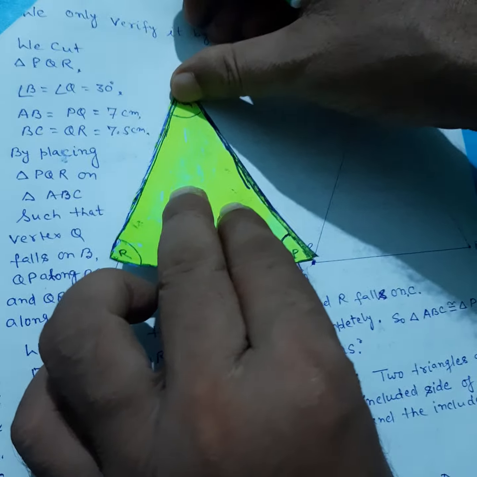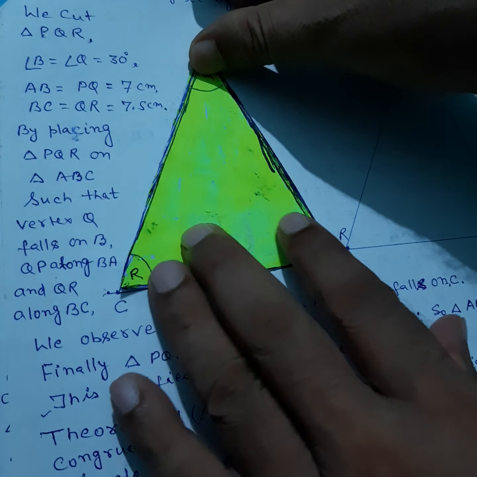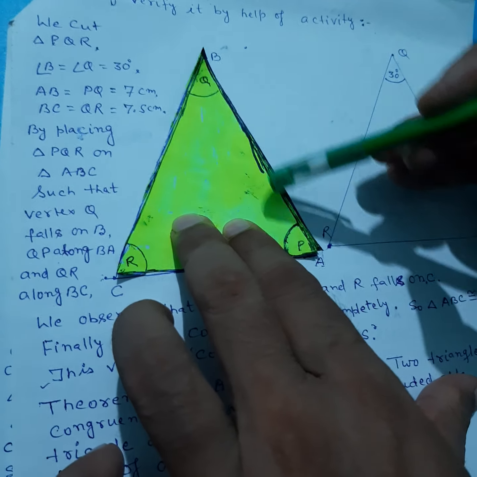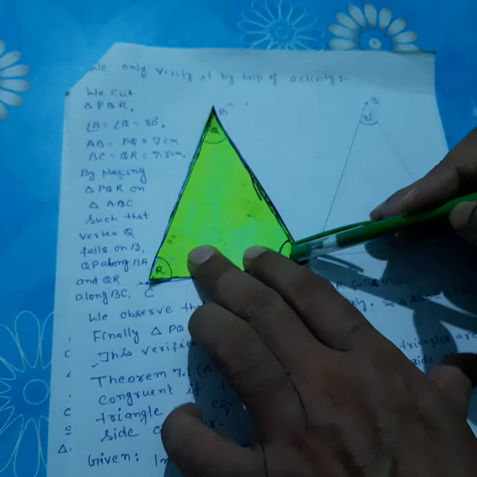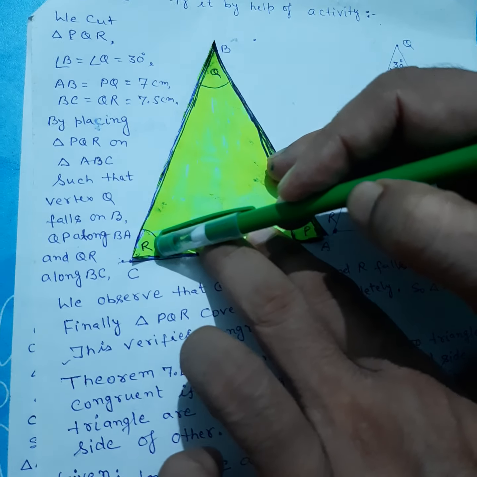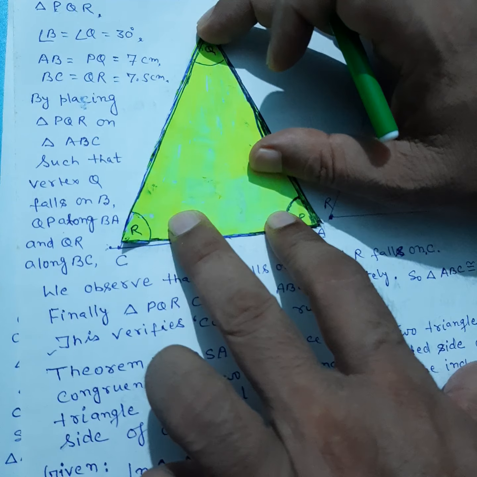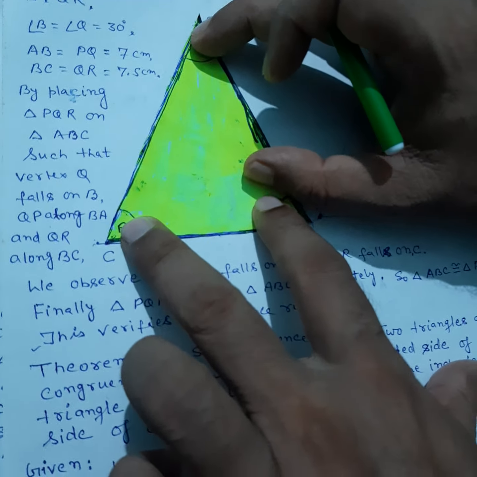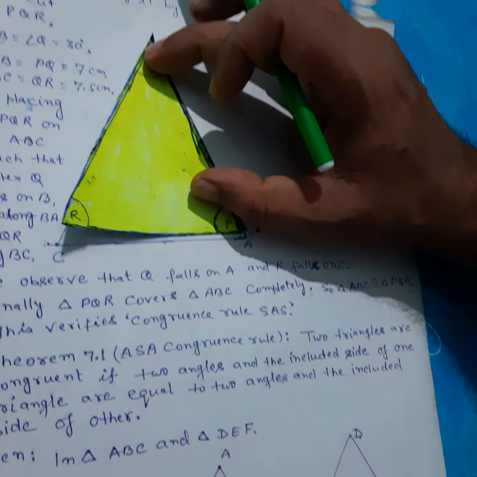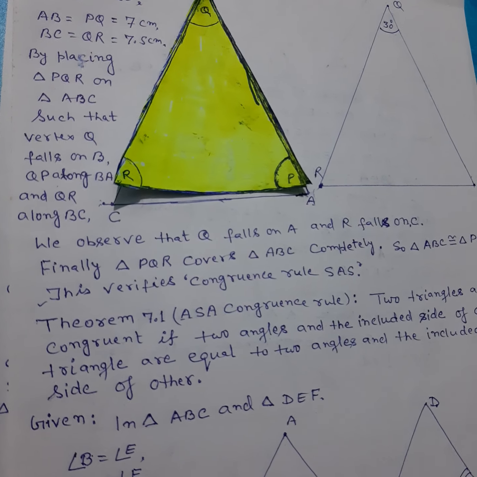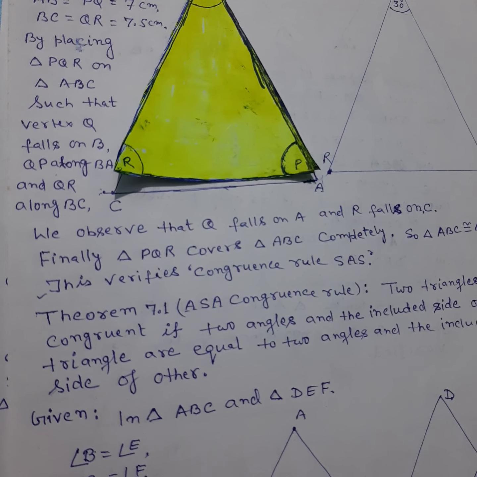Angles B and Q are equal, they cover each other. As we observe here, AB and PQ are equal, they cover each other. QR and BC are equal, they also cover each other. Finally, what do we get? Both triangles cover each other, so they are congruent to each other. This shows that the SAS axiom is true and verified.